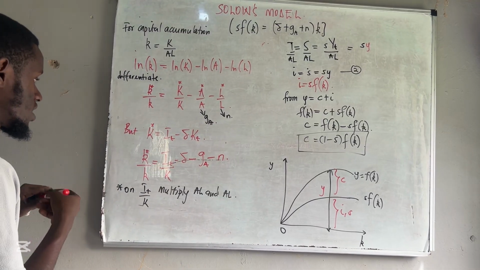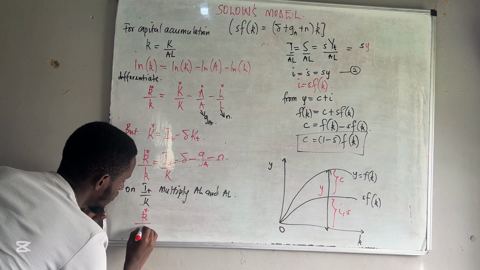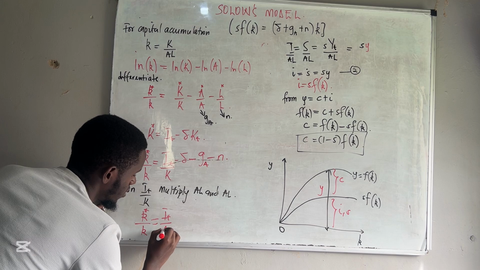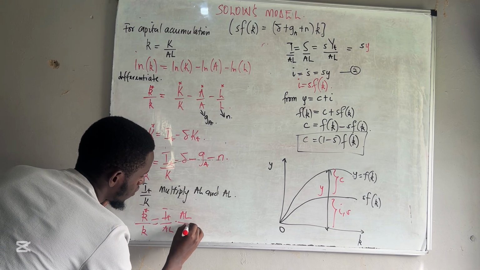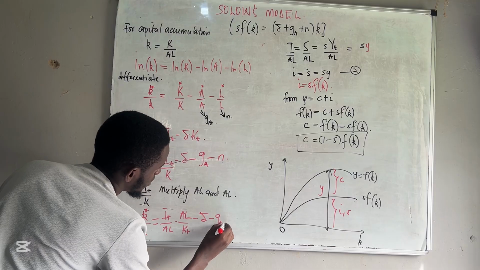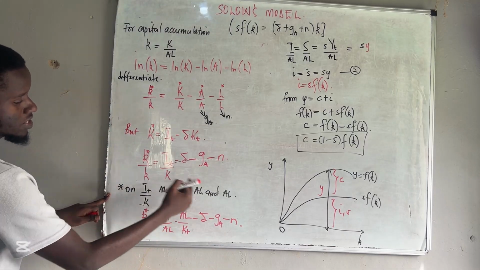My next step is going to be, from here, I have I(t) over AL times AL over K, minus sigma, minus gA, minus n. I think I've done nothing. This is the same as this one.